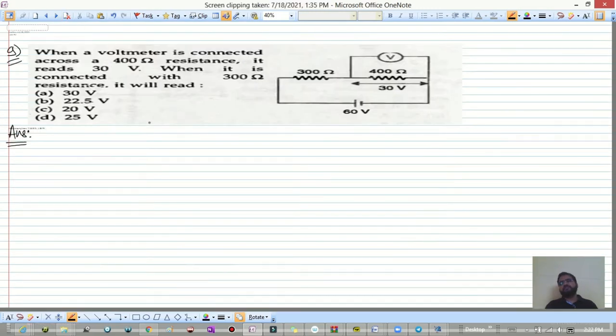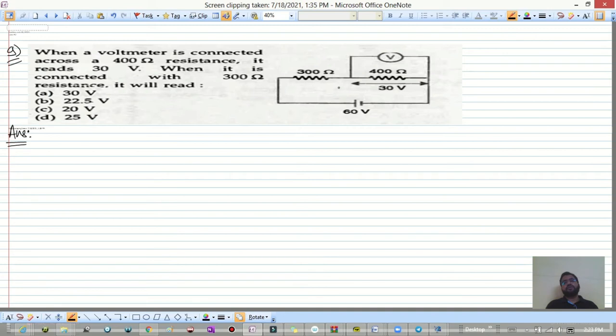Chalo, next. When a voltmeter is connected across a 400 ohm resistance, this is the voltmeter connected across this 400 ohm resistance, it reads 30 volt. So this voltmeter reads 30 volt. When it is connected with a 300 ohm resistance, it will read, okay, so when the voltmeter is connected, it will read 30 volt.